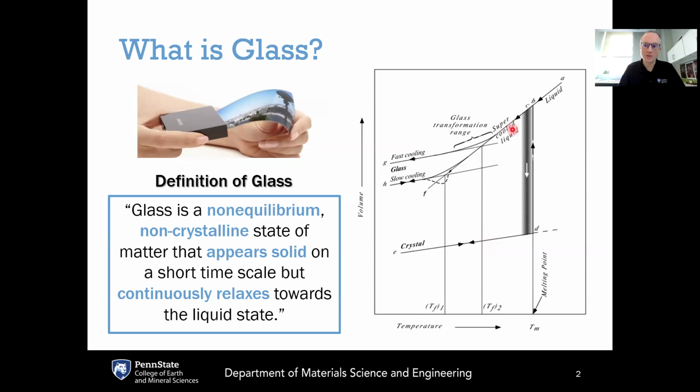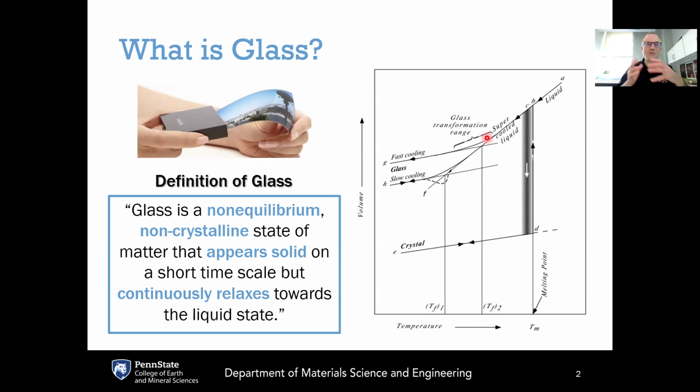What happens now if we take this supercooled liquid and we continue to cool it even further? As the temperature of the system is lowered, the viscosity of that supercooled liquid is increasing, and it's increasing by orders of magnitude. It's going from something that's a lot more fluid to becoming much lower fluidity.